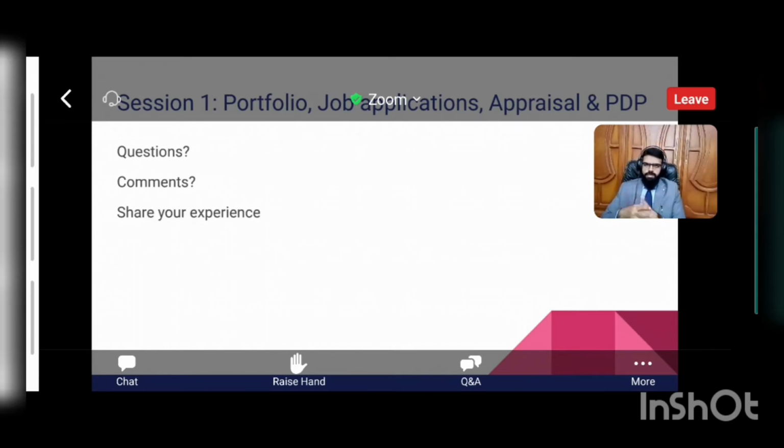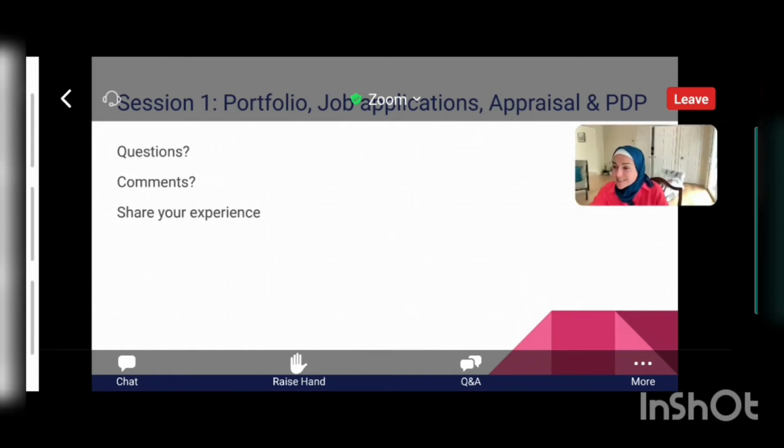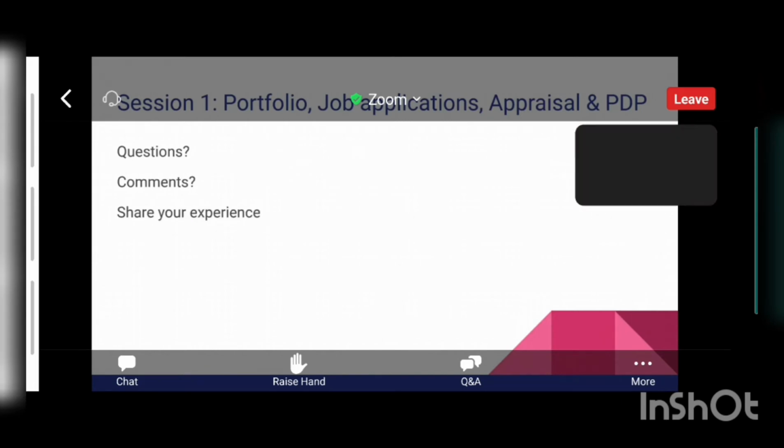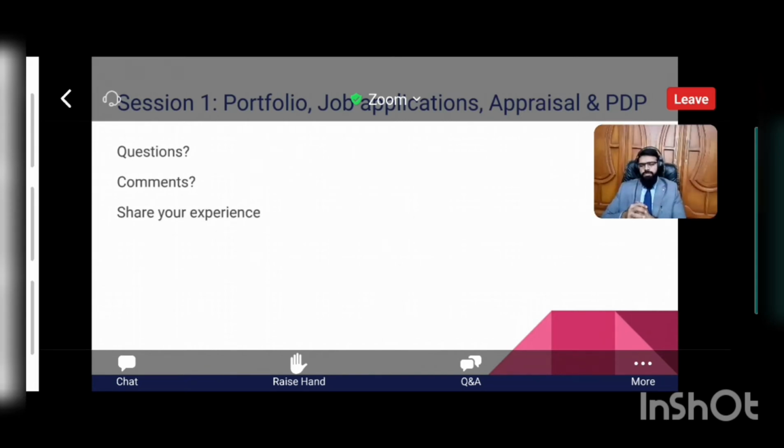Ma'am, I have a question. Can I ask? Of course. Ma'am, I have gone through the Royal College of Ophthalmologists website, and I have read the learning outcomes. Especially regarding the portfolio buildup, I wanted to ask: in the Royal College, there is an electronic system of recording the portfolio. In the case of Pakistani training, we don't have such an electronic system.